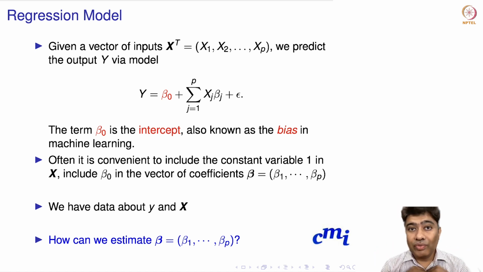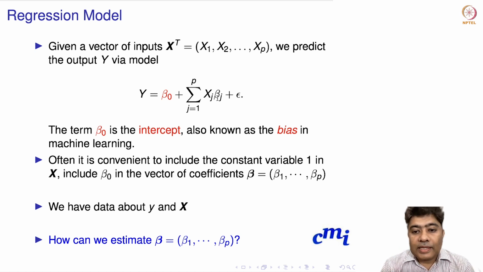So we can just imagine that in p dimensions, it will fit a p minus 1 dimensional hyperplane. So this model is going to fit a p minus 1 dimensional hyperplane in a p-dimensional data space.